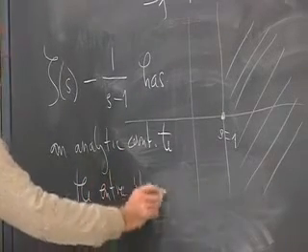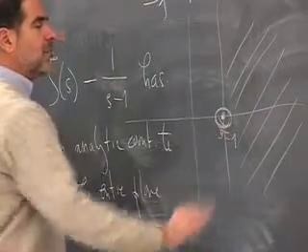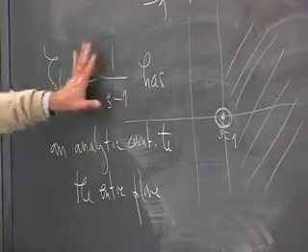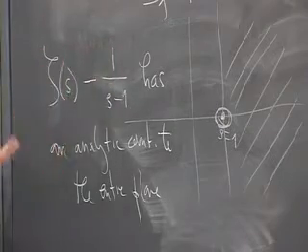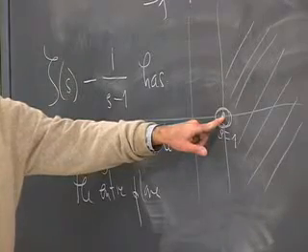Namely, there's a well-defined function on the entire plane which is unique, which, because of this, would blow up at s equal 1, so that you can talk about the values of the zeta function in the entire plane as long as you stay away from the point 1.